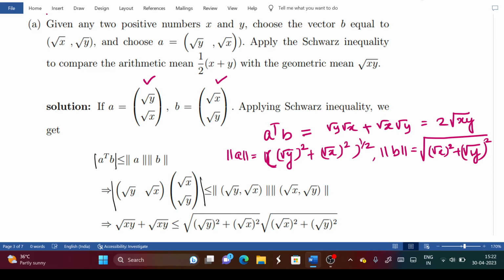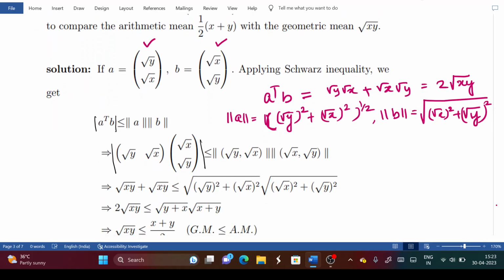Now by the Schwarz inequality, we have mod of a transpose b is less than or equal to norm of a times norm of b, which implies, substituting the values, this line.